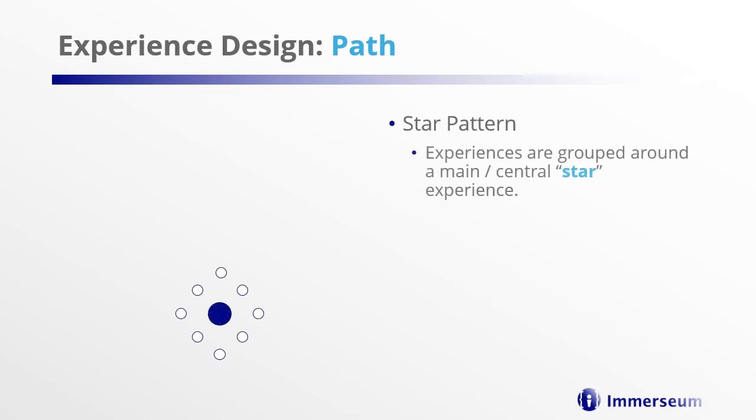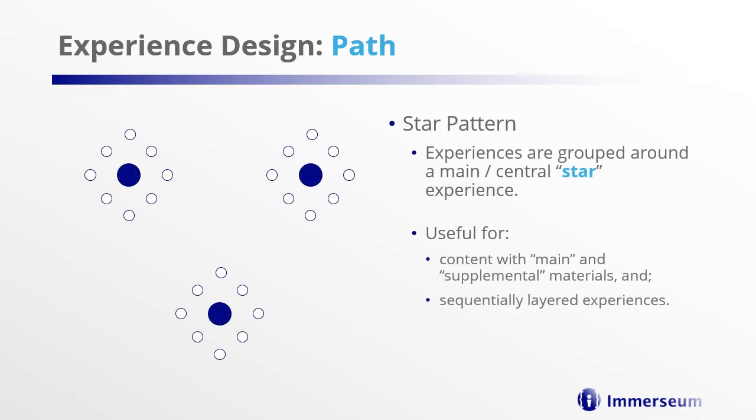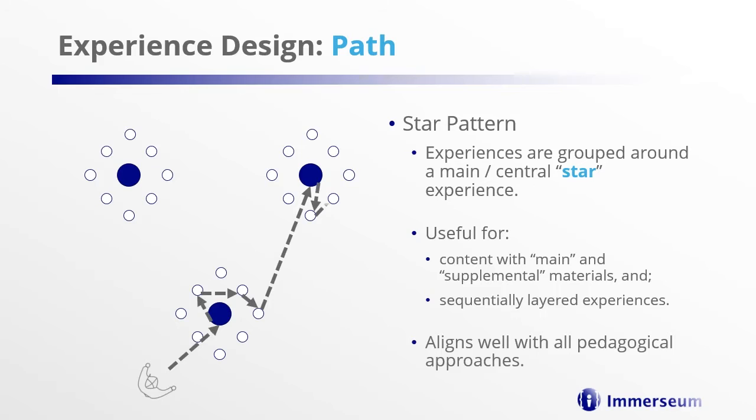Then you've got a star pattern. The star pattern is incredibly useful when you've got a main feature, your principal thing that you want to highlight. And then you've got supplemental stuff, right? Things that aren't necessarily as important as the primary element, but that add context, add information, add value to the experience.